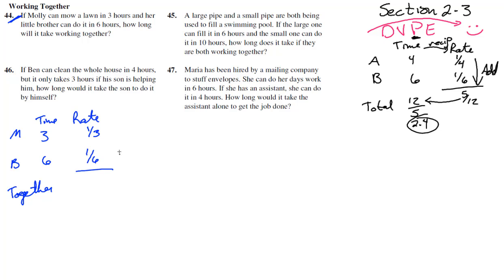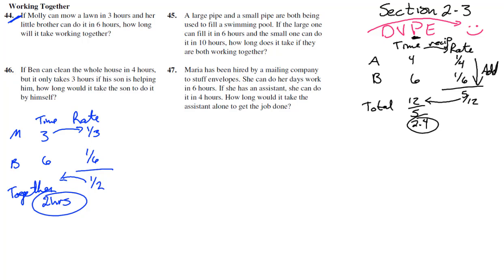And these guys add. So every hour, 1/3 plus 1/6 gets done. 1/3 plus 1/6, that's 2/6 plus 1/6 is 3/6, which reduces down to a half, which if I bring it over here, reciprocal, 2 hours. Look at that, it's not even using any algebra, but working through transferring them over here, adding, and then coming back. So the answer is 2 hours.